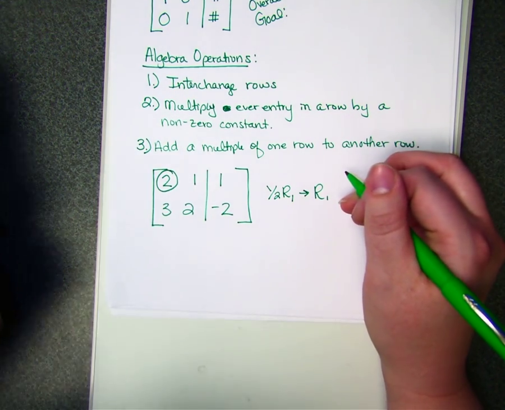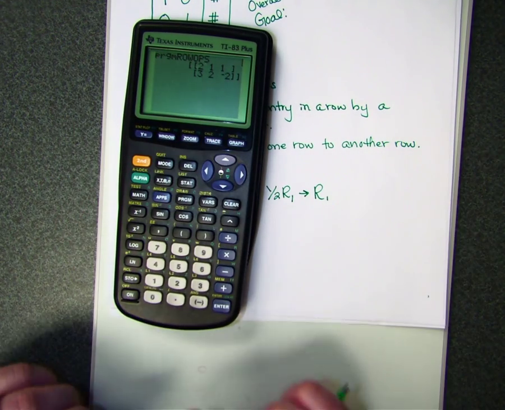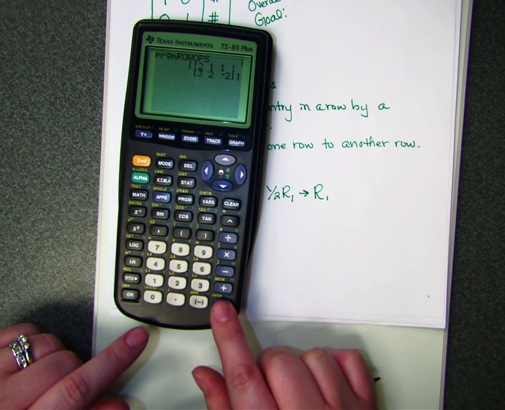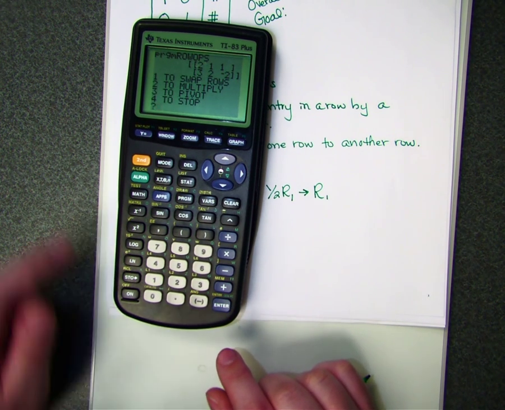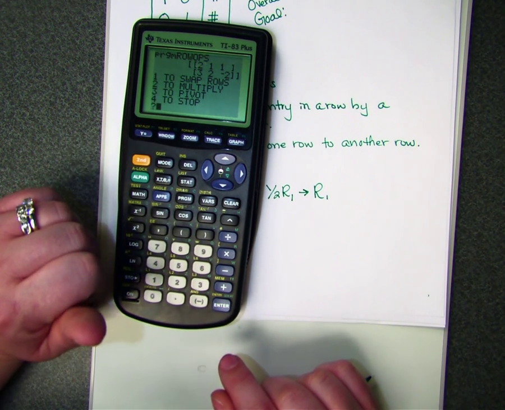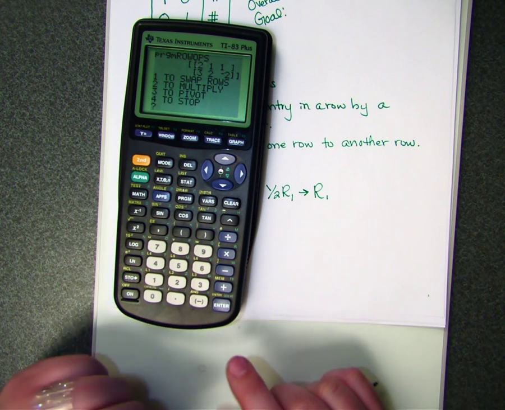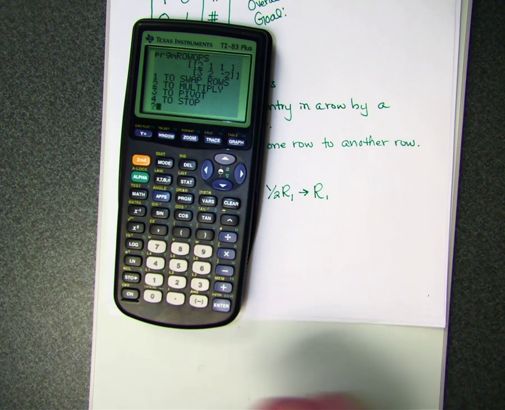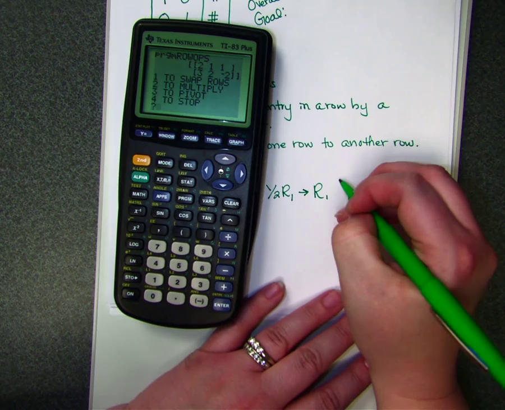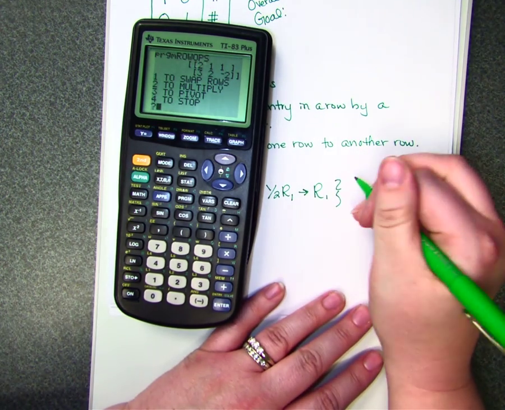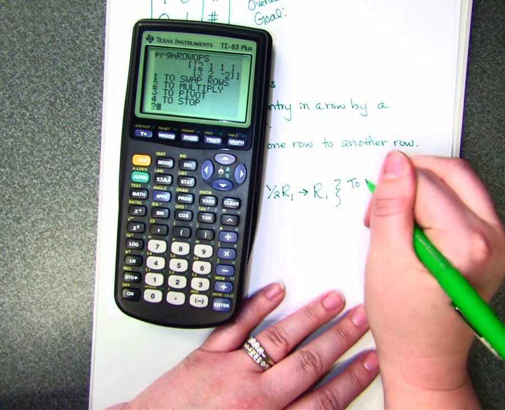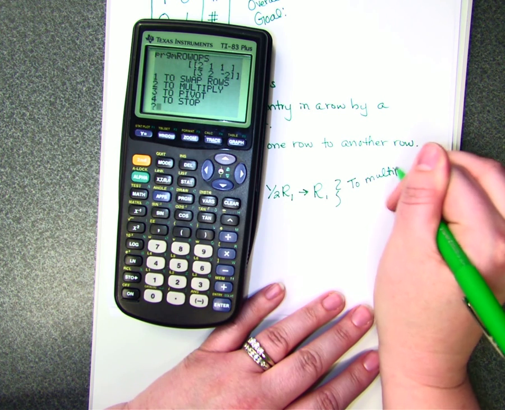Now, like I said, we're going to be working in our calculator, so bring back that matrix that we just saw and hit enter, and you'll see that it has those commands. We're going to swap rows, we can multiply, we can do this thing called pivot, and we'll talk about pivot in just a second. But what we'll be doing in our calculator is operation number 2 to multiply.